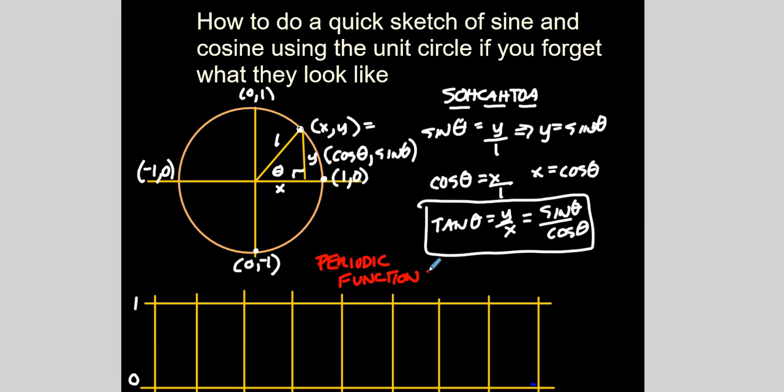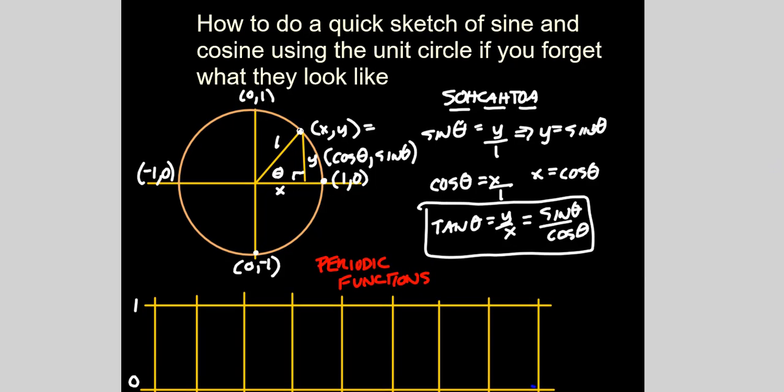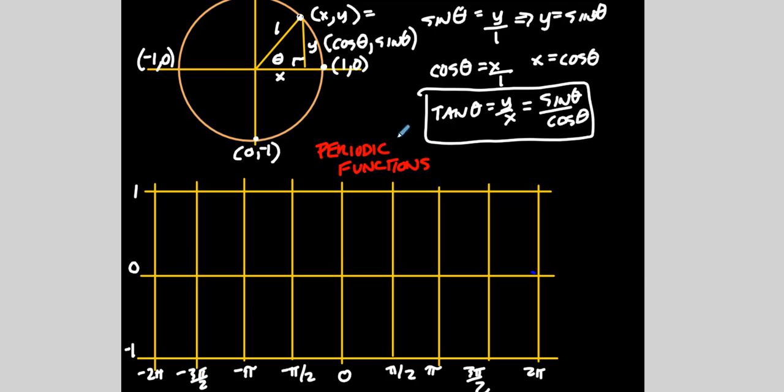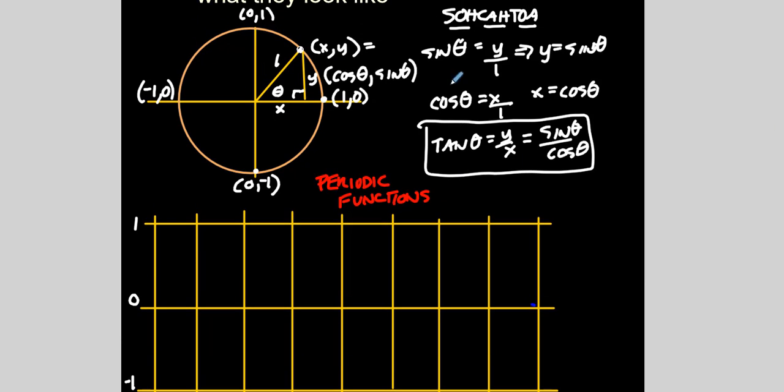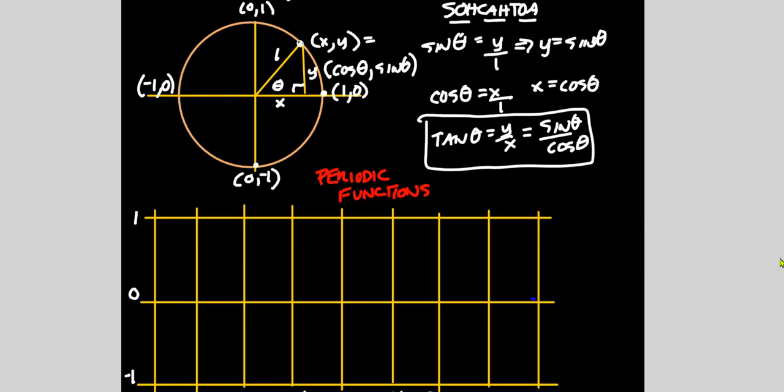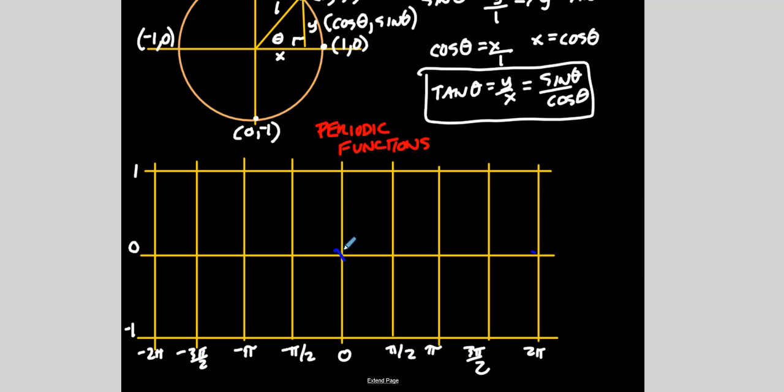Okay, so let's sketch the graph on the xy axis, using the unit circle, of what sine and cosine look like. So I'll do that in blue. Since x, y equals cosine theta, sine theta, I'm going to start with sine again. So sine of 0 is 0. So at 0 radians or 0 degrees, you get 0.